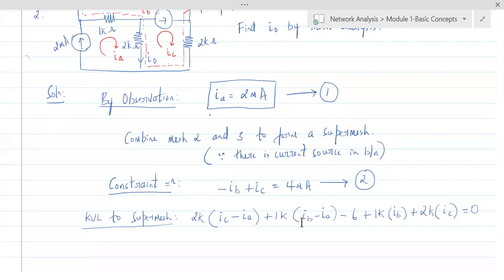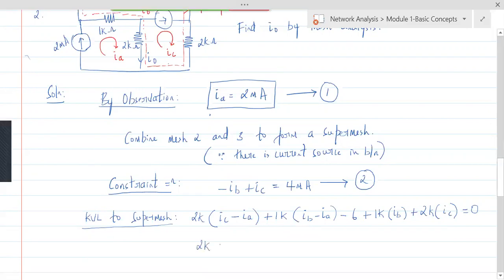Write the equation after substituting IA. What would that equation be? See here, 2K is there. It's IC minus 2 milli, because IA is 2 milli, plus 1K IB minus 2 milli.